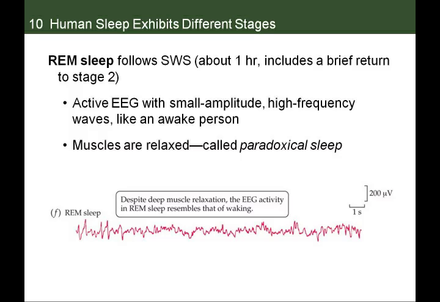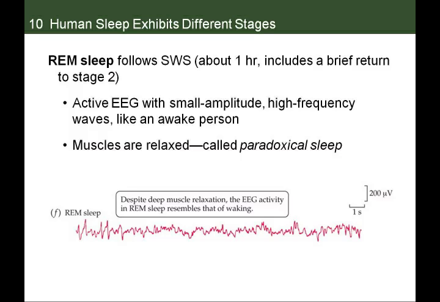Meaning the brain looks desynchronized, the amplitude of the waveform is smaller, and the frequency has high frequency waves. At the same time though, so we're eavesdropping on the brain, we see electrically it looks like you're awake, but if we were to measure your muscle tension, we'd see that all your larger muscles are paralyzed.